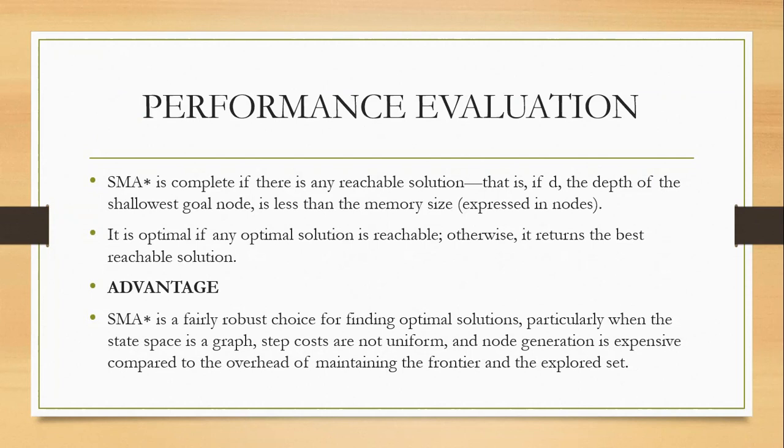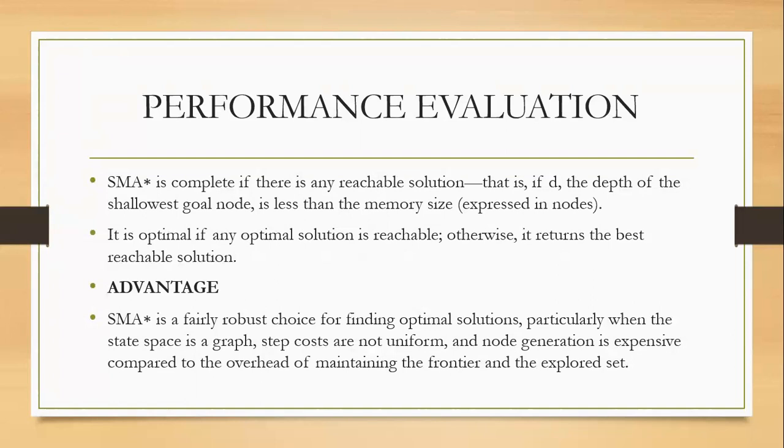Performance evaluation. The metrics you calculate for any algorithm are completeness and optimality. SMA star is optimal if it can reach its goal state, and it is complete if there is any reachable solution, that is, if d, the depth of the shallowest goal state, is less than the memory size.